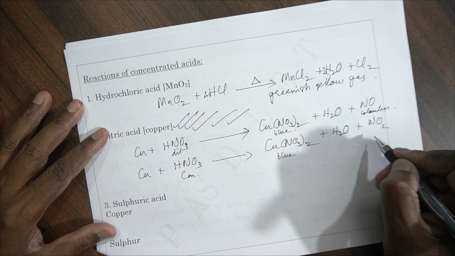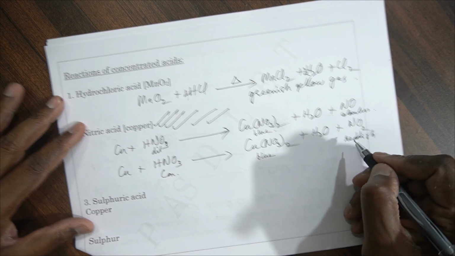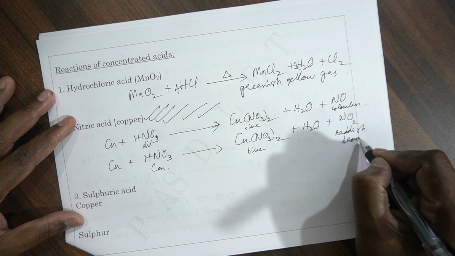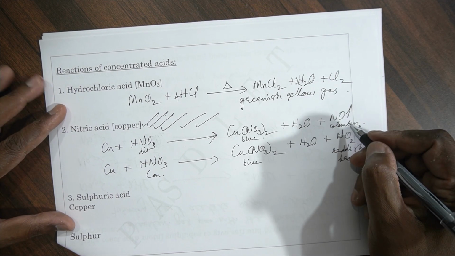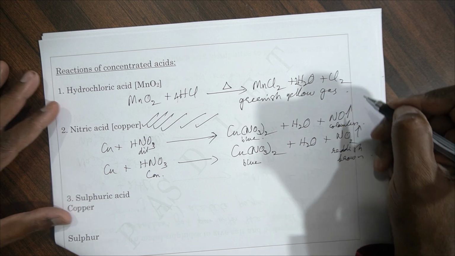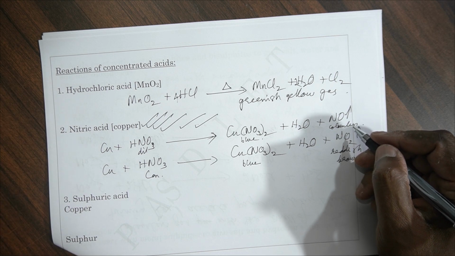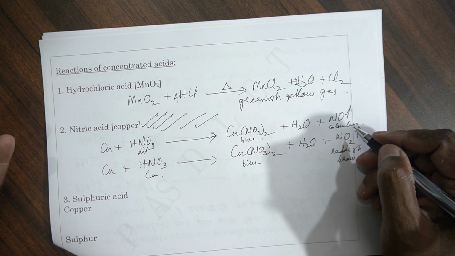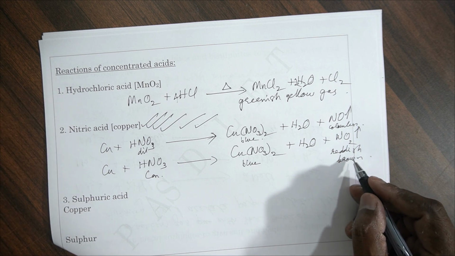So colorless gas evolved. Here it is reddish brown gas evolved. Okay. Now here the colorless gas evolved. When it comes to the mouth of the test tube, it combines with oxygen of the air, changes to NO2. So when it comes out of the test tube, it turns red or brown. And here reddish brown gas comes from the bottom of the test tube.